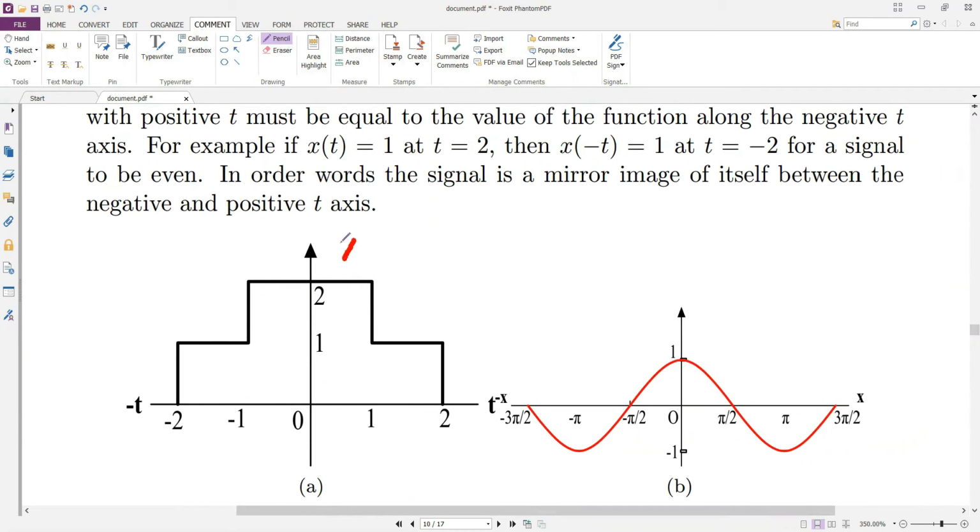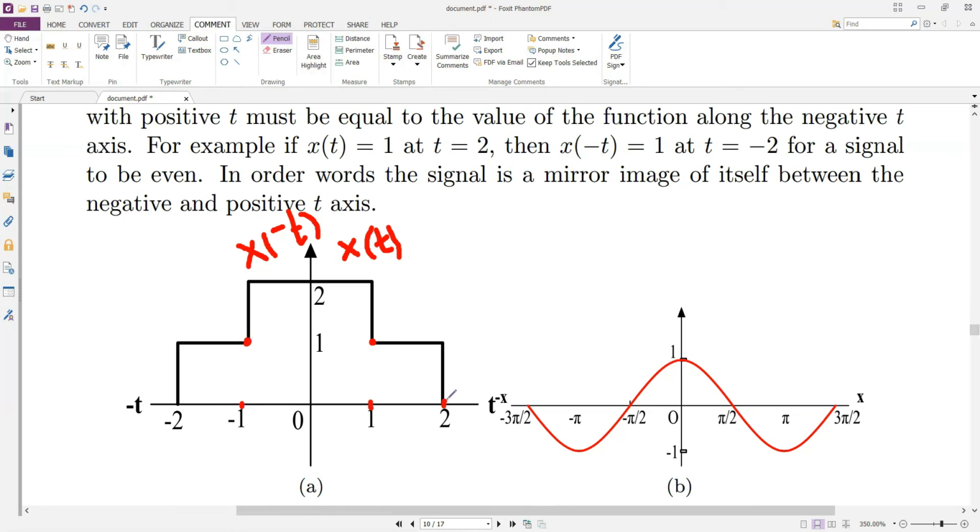In other words, the values of the signal along the positive time axis are equal to the values of the signal along the negative time axis. See, if you look at t is equal to 1, the value of the signal is 1. Similarly, at t is equal to minus 1, the value of the signal is 1.